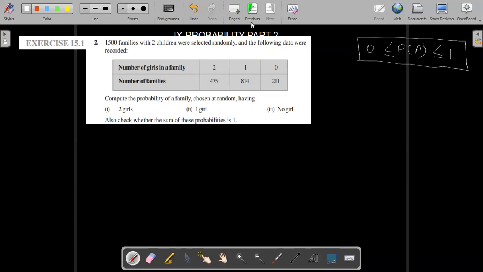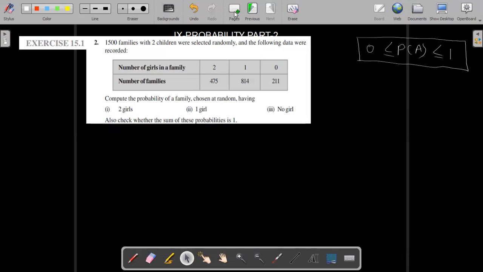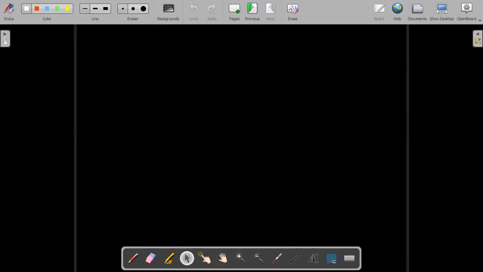So we have seen random experiments. When we are performing an experiment, what are the possible outcomes of that experiment?